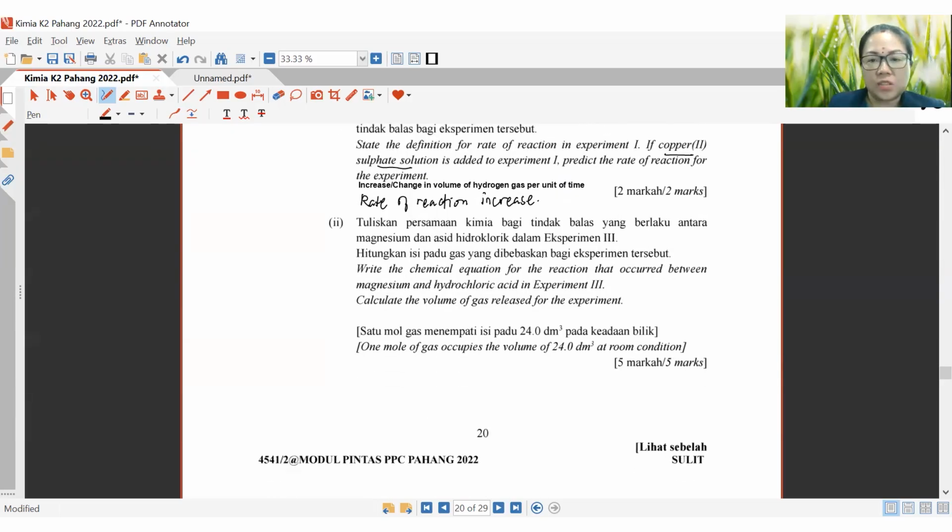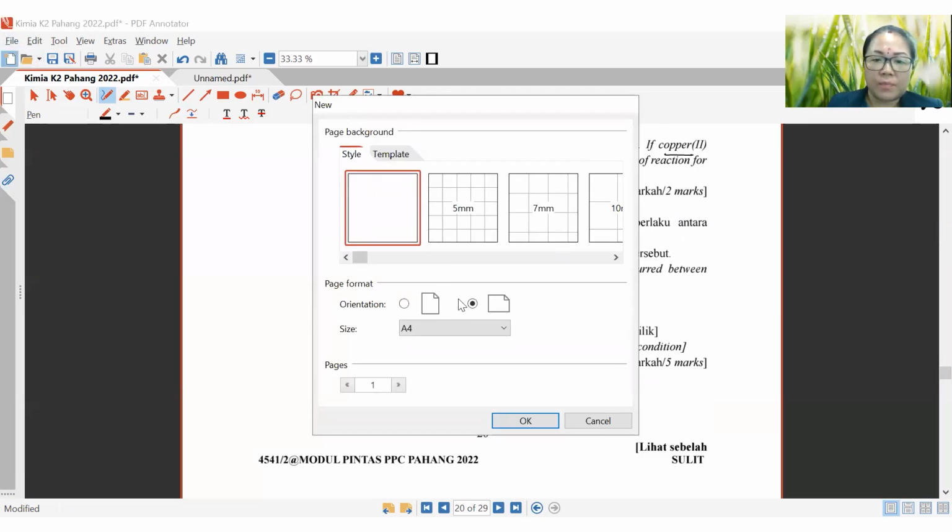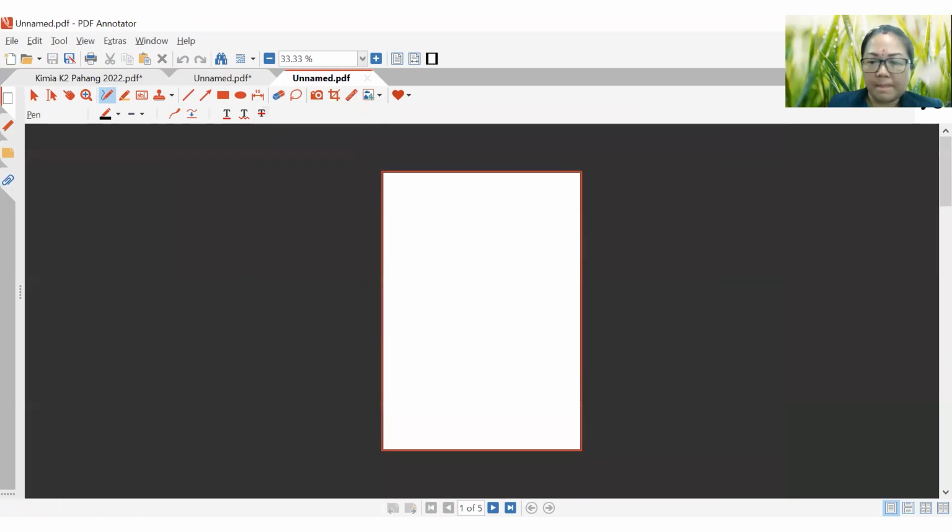Let's look at question 2. Write the chemical equation for the reaction that occurred between magnesium and hydrochloric acid in experiment 3. Calculate the volume of gas released for the experiment. 1 mole of gas has a volume of 24 dm³ at room conditions. Let's prepare a separate sheet of paper for this.